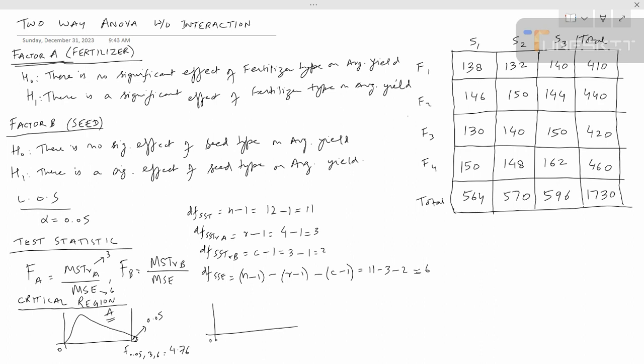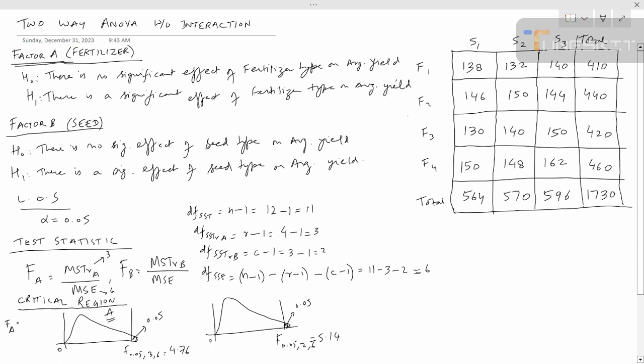Now for factor B, which is the seed variety, F 0.05 with second column and sixth row gives us 5.14 as the critical value, and we state the rejection criterion or rules accordingly for both the factors as H0 would be rejected if FA calculated exceeds 4.76.